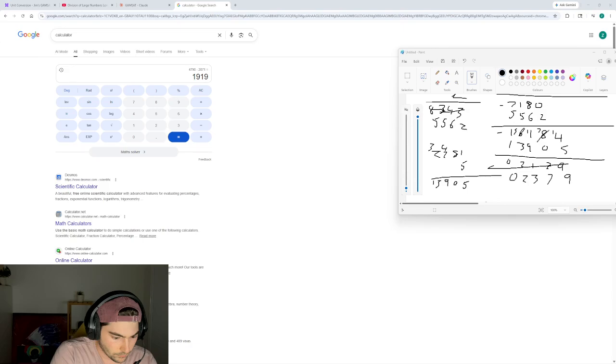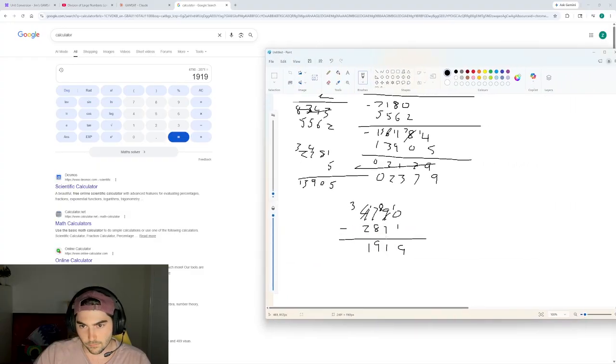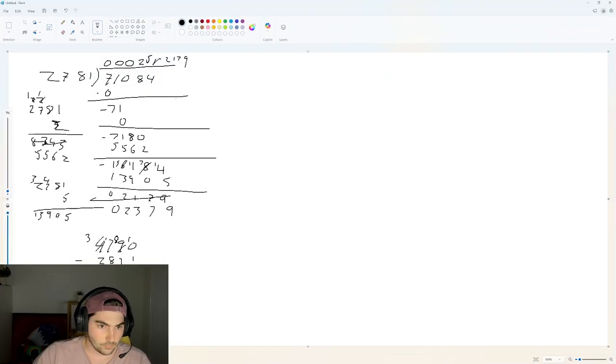I'm confused. Can you make your paint thing bigger just so I can see all the numbers?